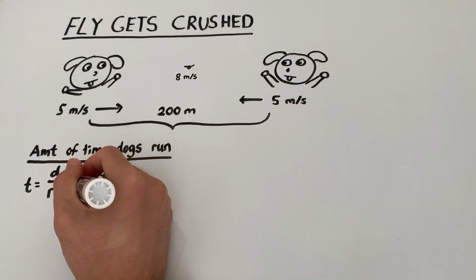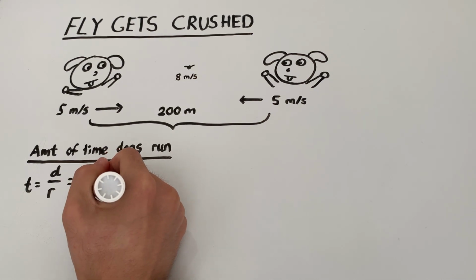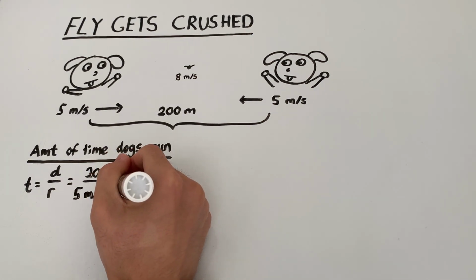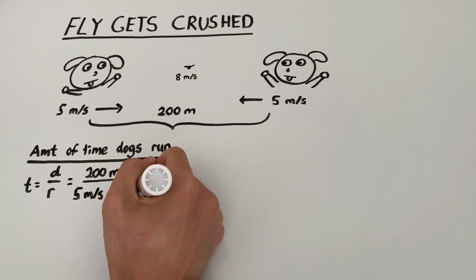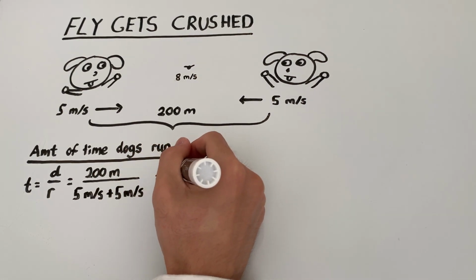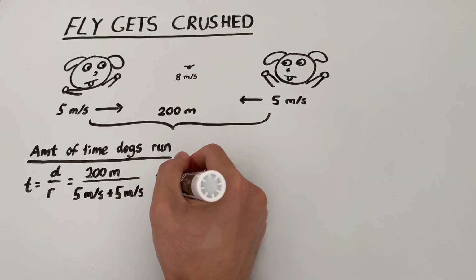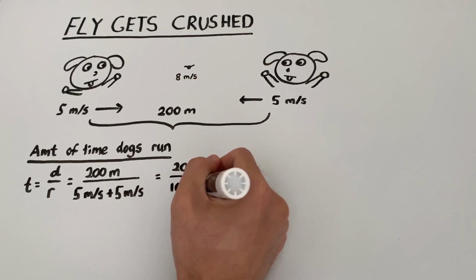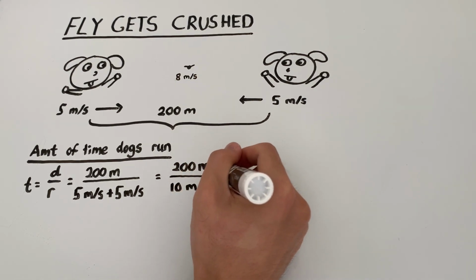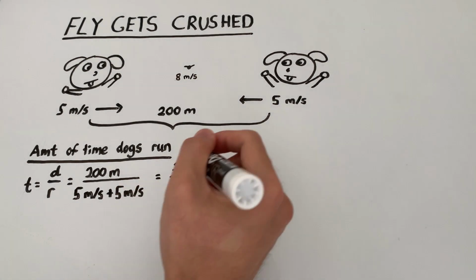So the distance is decreasing at a rate of 5 meters per second plus 5 meters per second, which is 10 meters per second, which means that the total amount of time that the dogs spend running is actually 20 seconds.